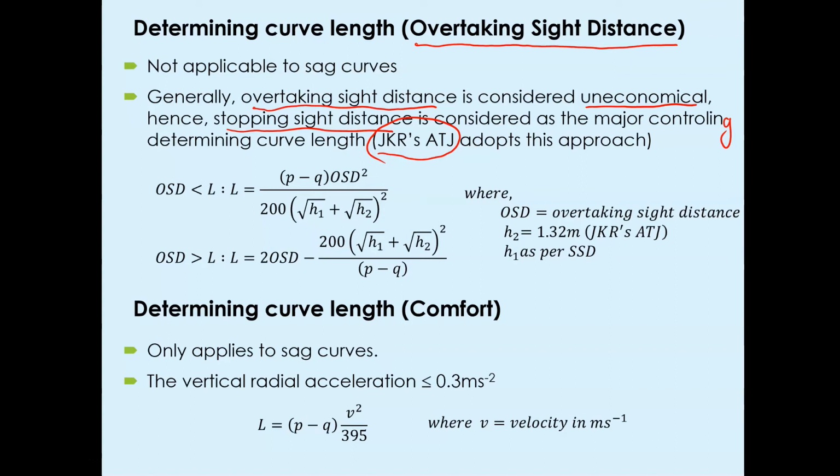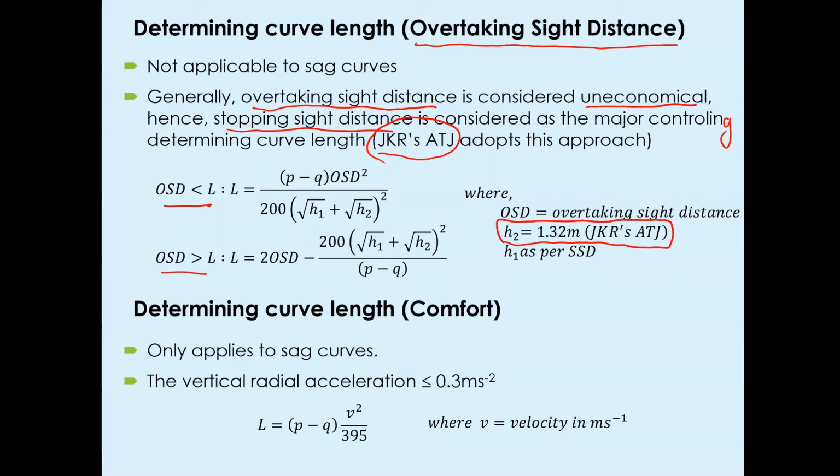I've got two equations, either it's less or greater. You might have to calculate both to find which is true. And H2, when it comes to overtaking, is a bit different from the previous example.